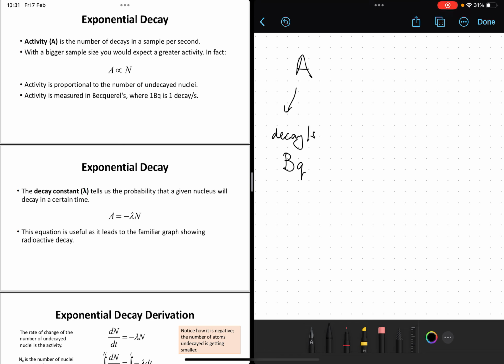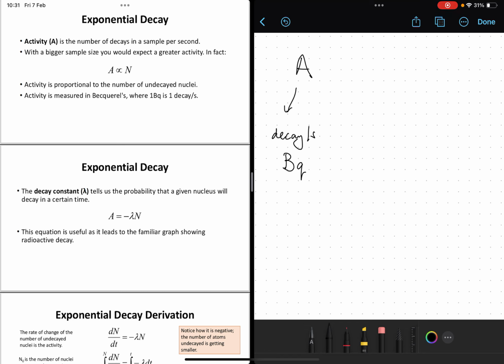So if you've got a substance with an activity of 100 becquerel, it's telling you that every second there are 100 decays. So if that particular nuclide decayed by alpha, you get 100 alpha particles every second. Or similarly, for something that decayed with positron decay, you get 100 beta plus particles per second.